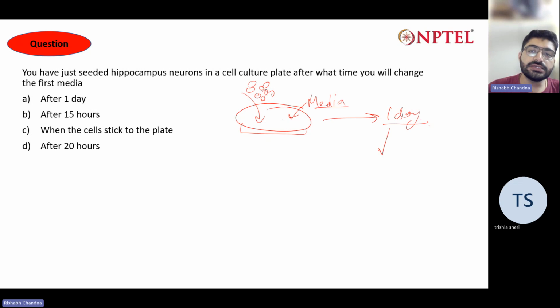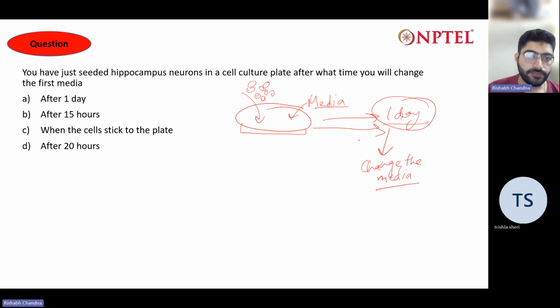And then at that point, we change the media. What is this time point? This is the time needed for the cells to fix to the surface. So this time is taken by the cells for fixing to the surface. That's why we take 1 day, and after that, we change the media.